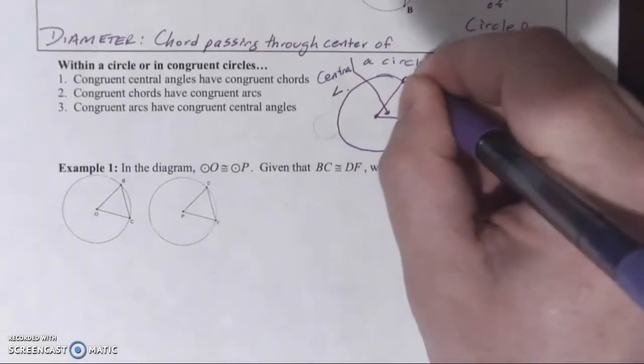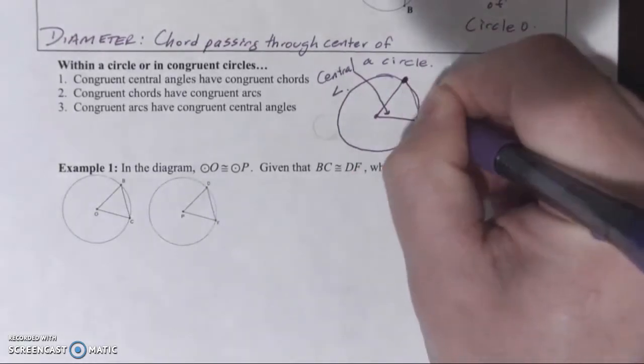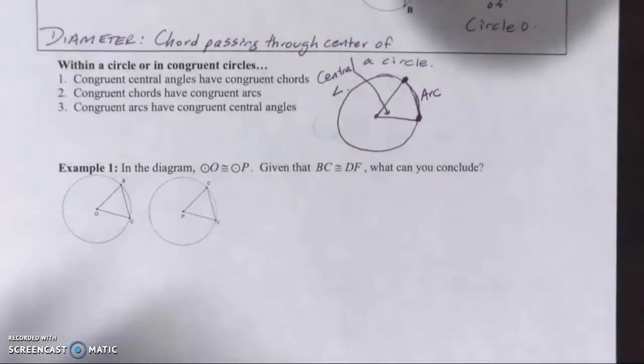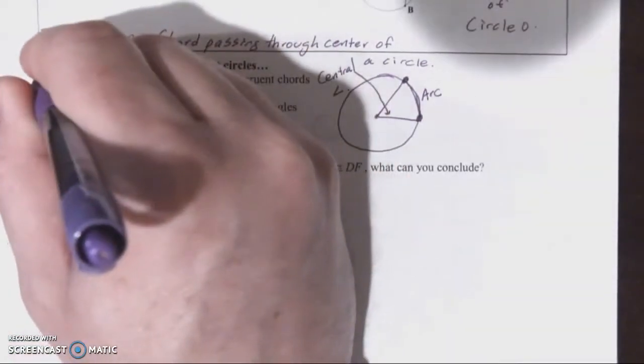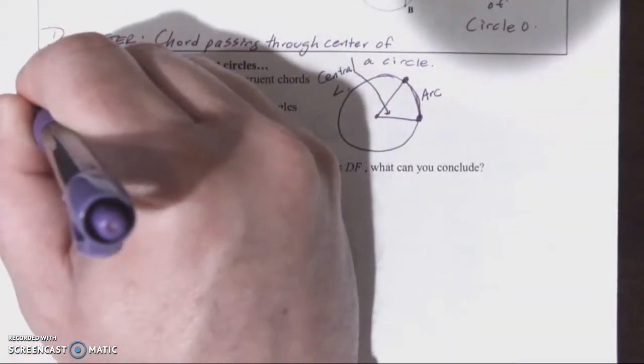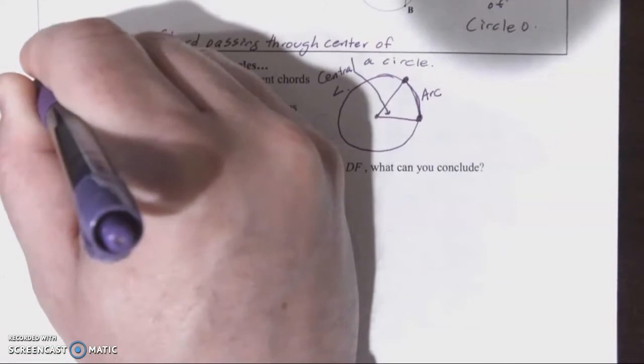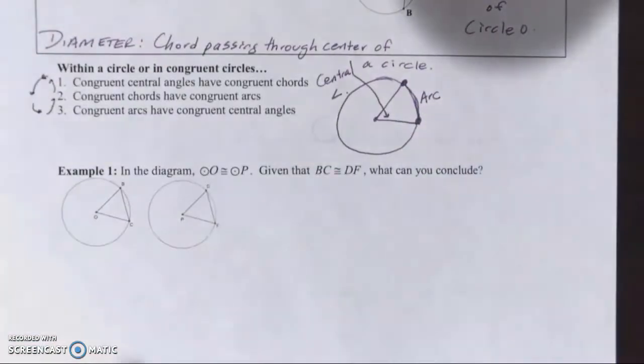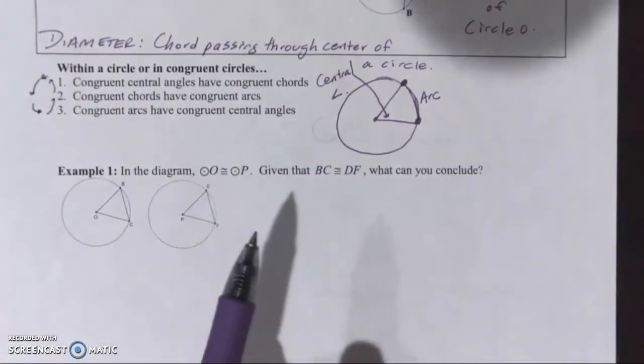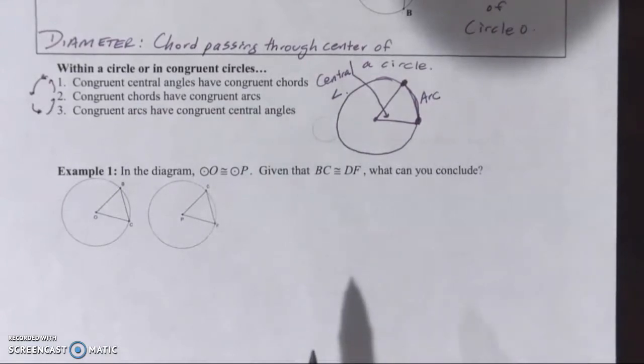A reminder that this right here would be an arc. An arc is just a piece of the exterior of a circle. And congruent arcs have congruent central angles. I like thinking of this as almost like a cycle, because if any one of these three things is true, then we know the other two to be true.